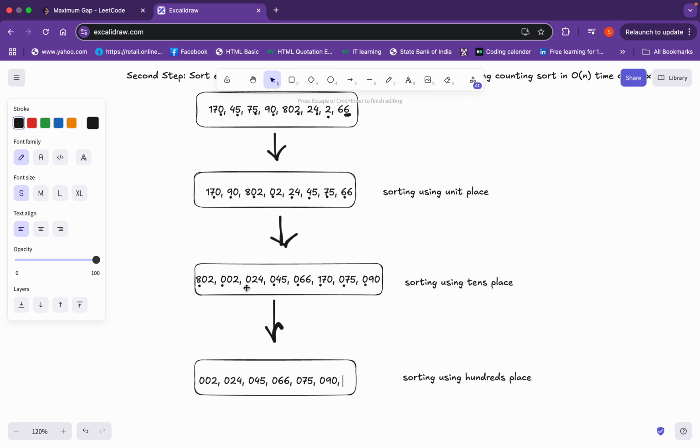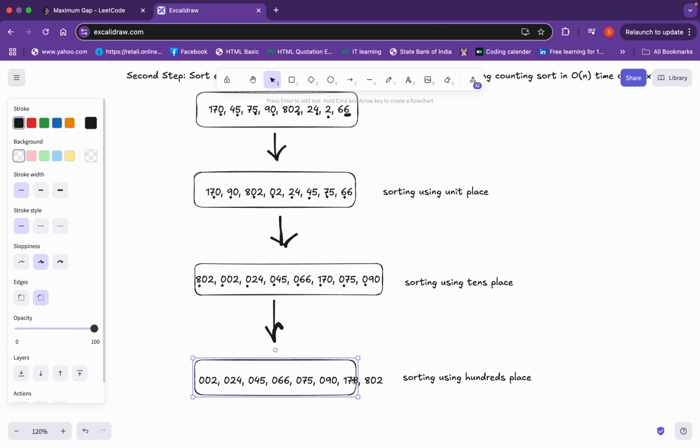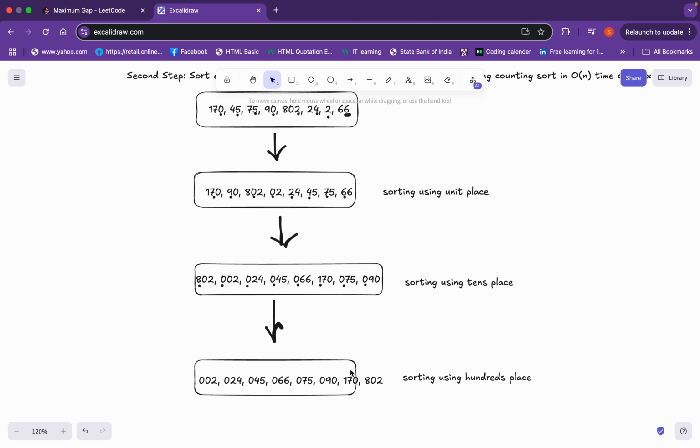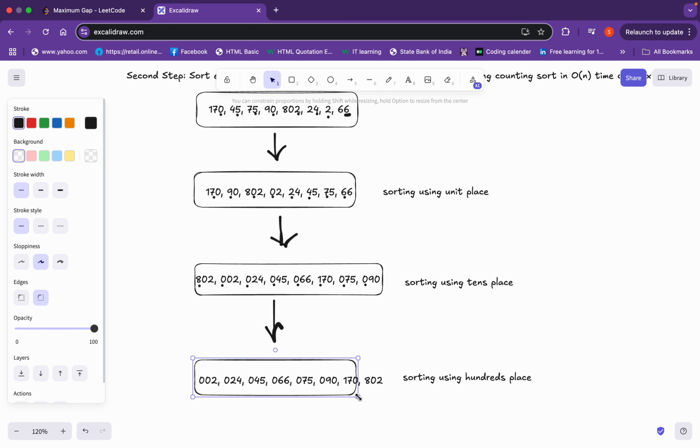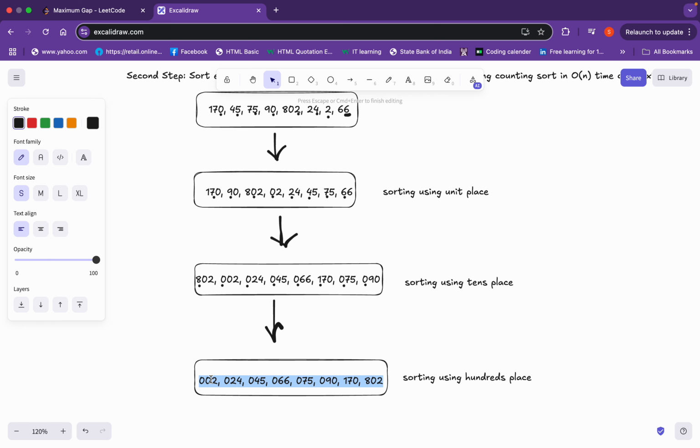Do we have ones at hundreds place? Yes, one element is there, that is 170. And then we have straight up 802. So this is the final sorted array, just removing the preceding zeros.